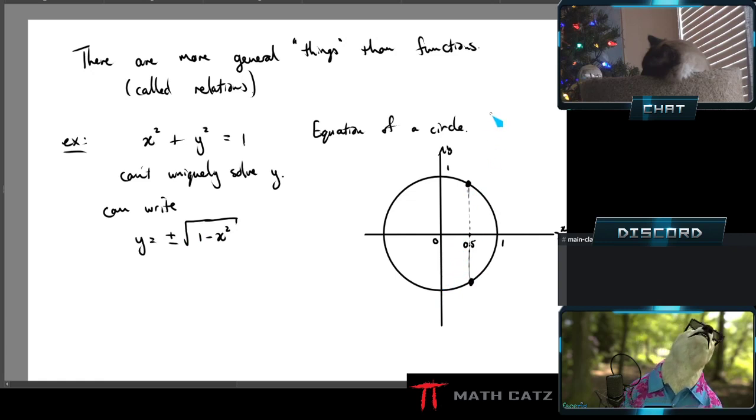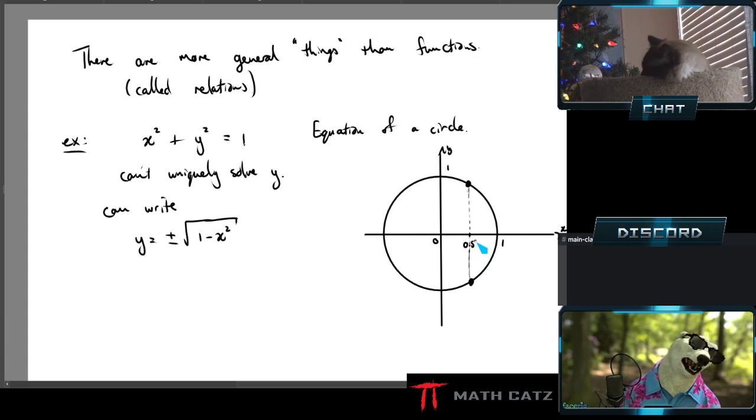A function has a unique output for any input, a unique y value for any input x value. If you look at a graph, you might remember the vertical line test. If you draw a vertical line at any spot on the graph, it can cross the graph at only 1 point. This crosses in 2 points because there are two y values corresponding to one x value.